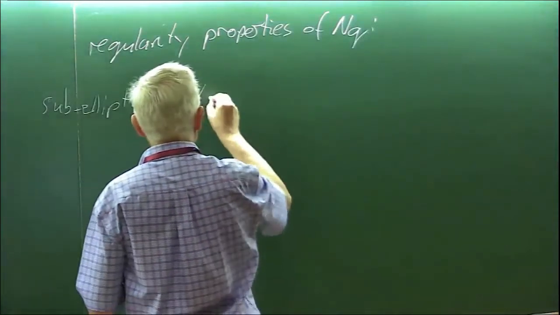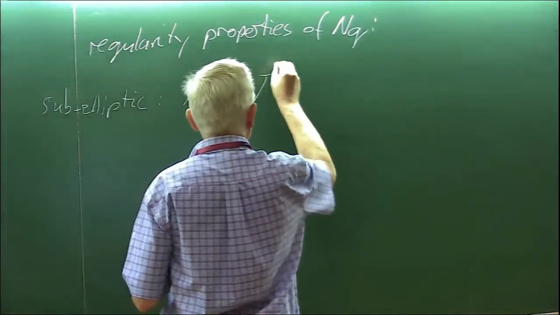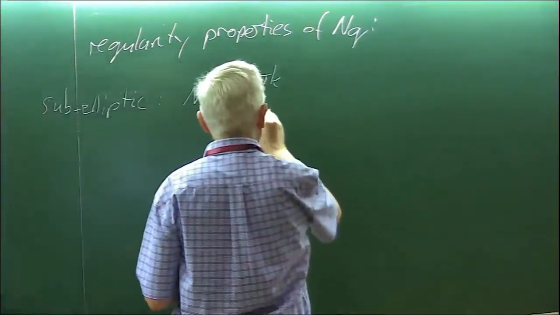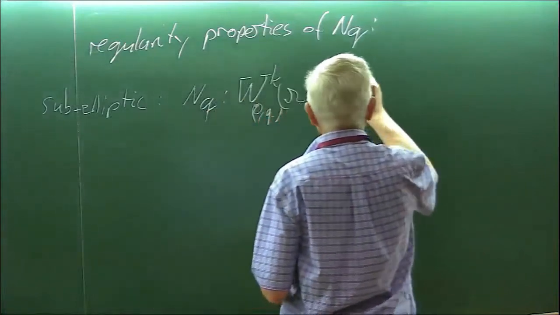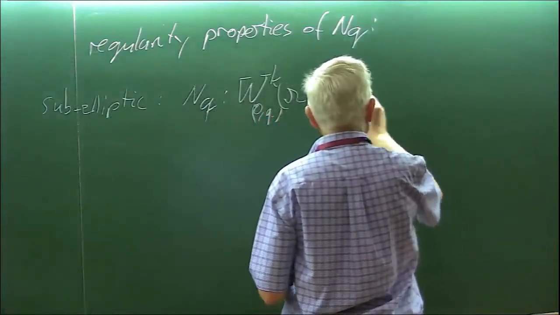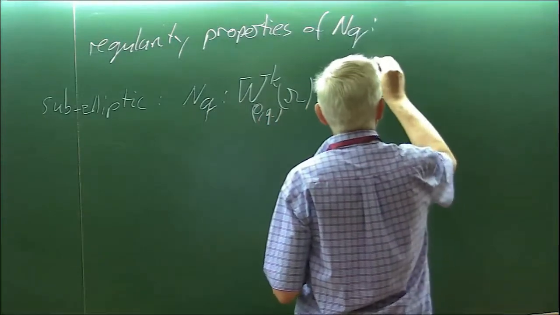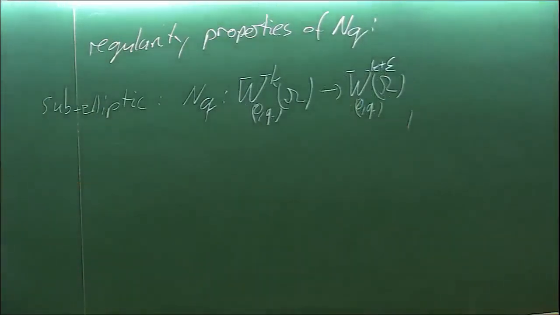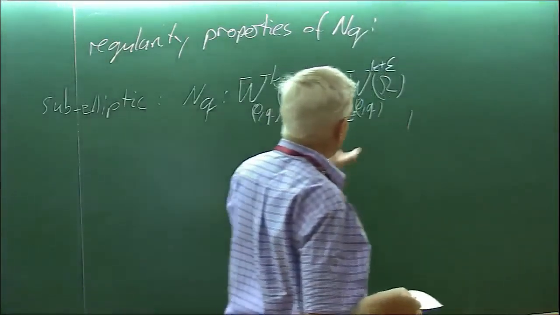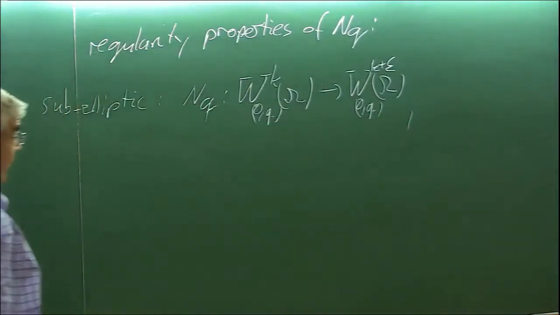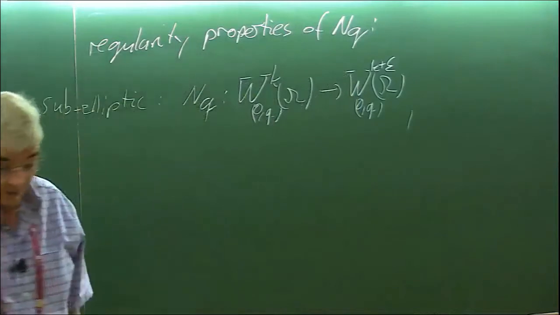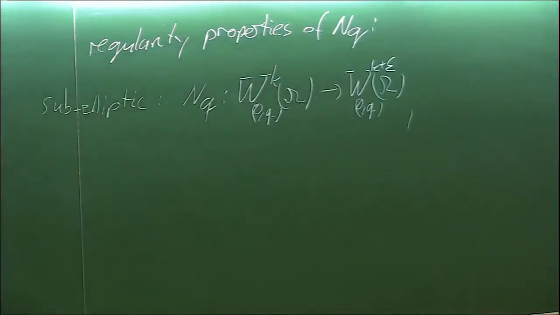Namely, N_Q maps, I'm using W^K for the usual L2 Sobolev spaces, forms with coefficients in W^K to W^{K plus epsilon} for some positive epsilon. Now, the point here is epsilon is in general small. In particular, the maximal possible epsilon is 1.